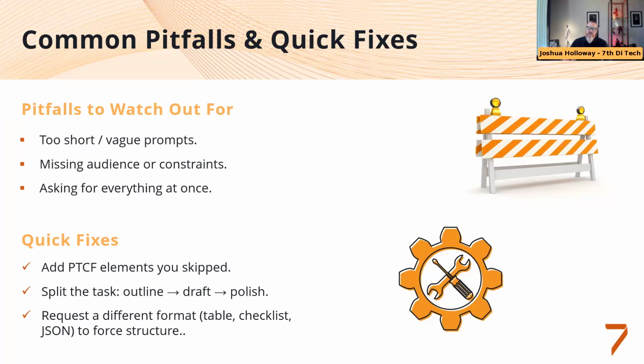Then you can move on to the draft, you can polish it, and then you've stepped through the issue, or request different formats. So don't just jump in, give it all the information and say, by the way, make this a Word doc. Sometimes it breaks the ability to generate like a Word doc or a text file or even a PDF file, but be clear and concise on the format and step to it.